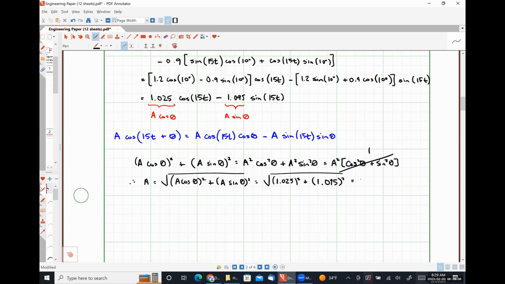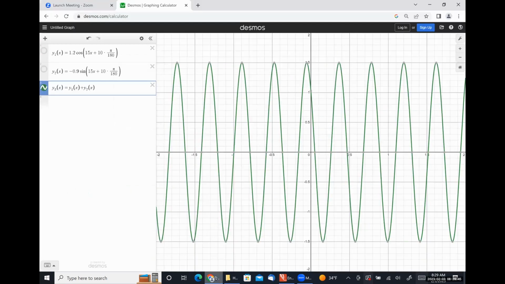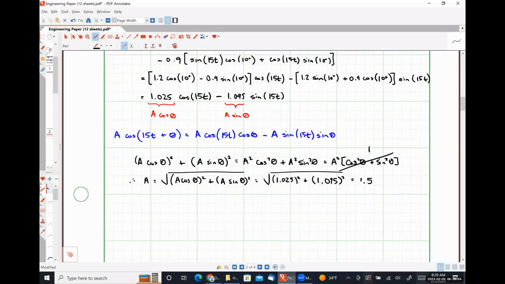1.5. So the magnitude that we just calculated using all these terrible trig identities exactly matches the magnitude that we have here. So we're on to something, okay? For our phase angle, we know that the tangent of theta is equal to the sine of theta over the cosine of theta, right? That's the definition of tangent.